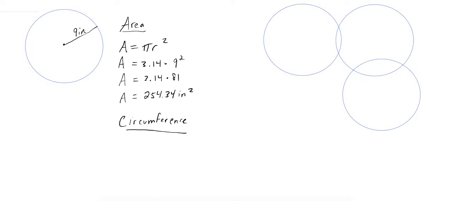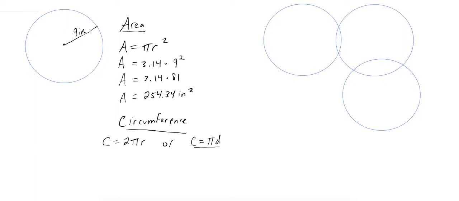So now the formula, we have one of two formulas that we can use. We can use circumference equals 2 pi r, or I can use circumference equals pi times diameter. So I like to use this one over here, obviously, because there's less numbers, there's less things to do. So I like to use that one.